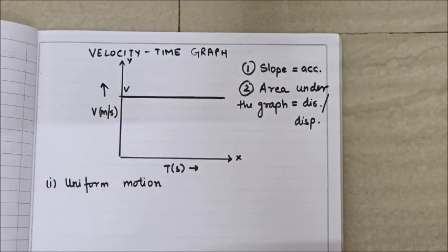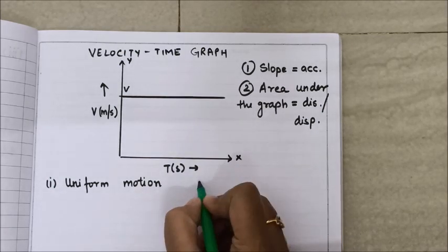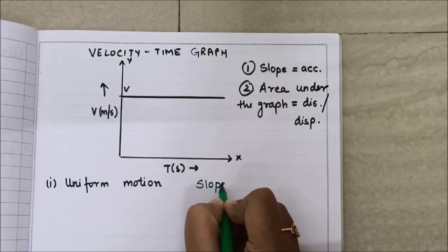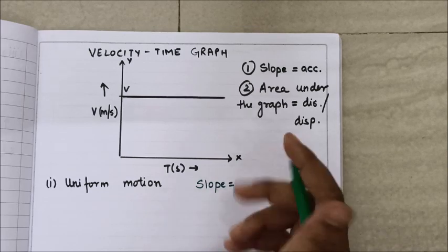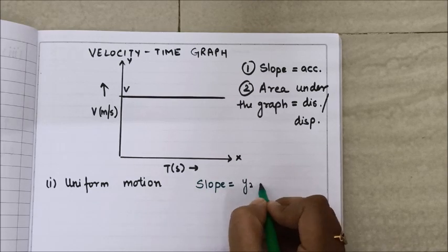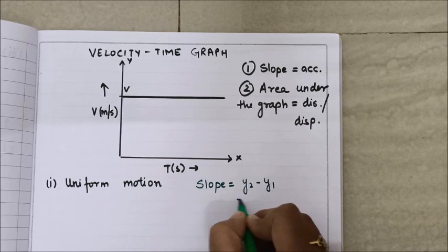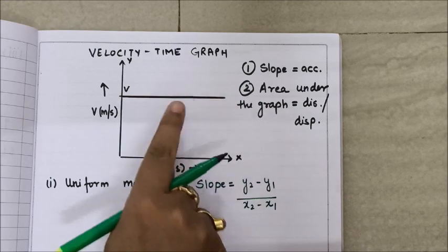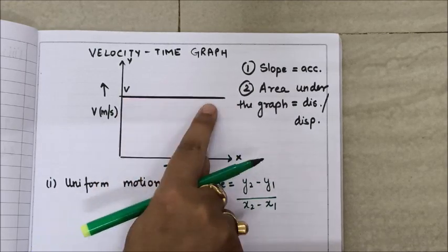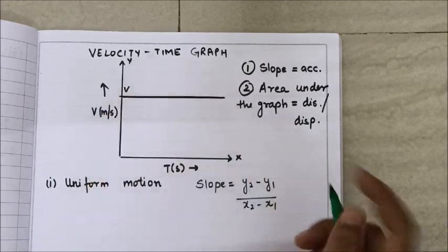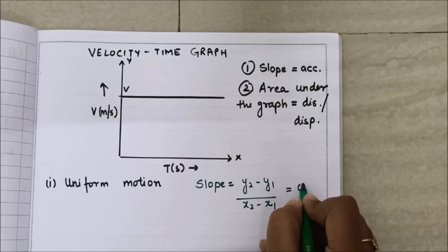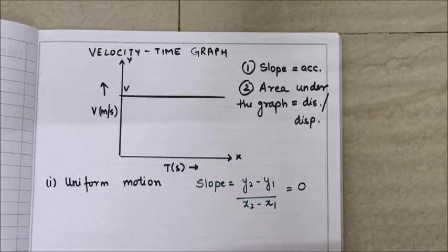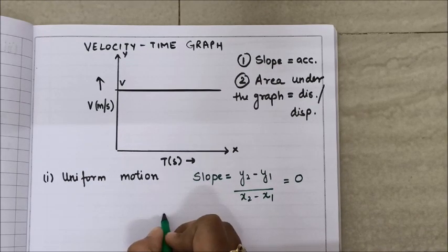Now to calculate the slope of this particular graph, in my previous video I have already told you the formula is y2 minus y1 upon x2 minus x1. Since my y2 and y1 are lying on the same point, it is going to be 0.